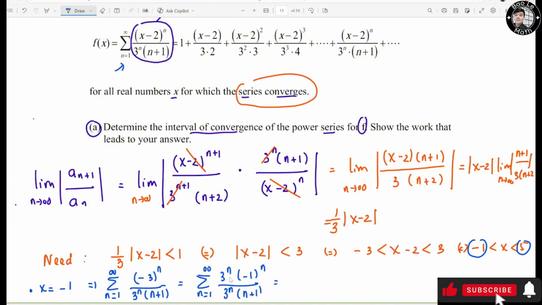This guy and this guy cancel out, so it's the series n goes from 1 to infinity of negative 1 raised to the n over n plus 1. And this is actually the alternating harmonic series, which is conditionally convergent.